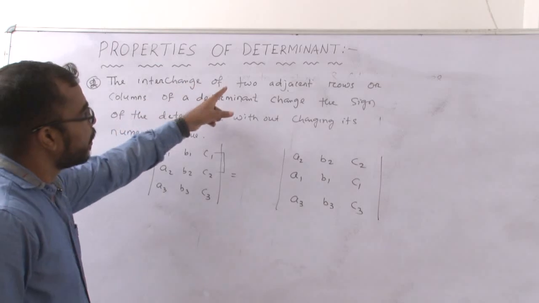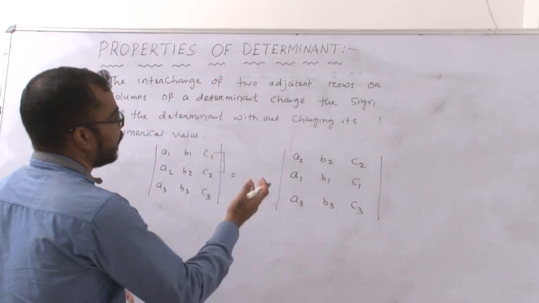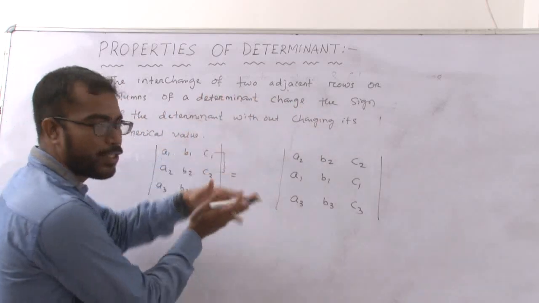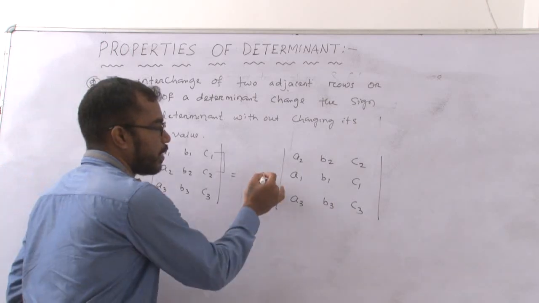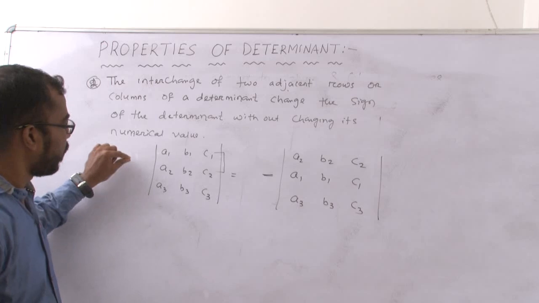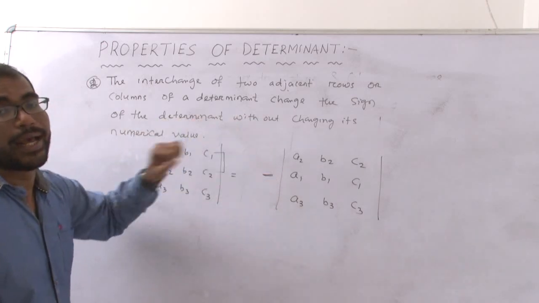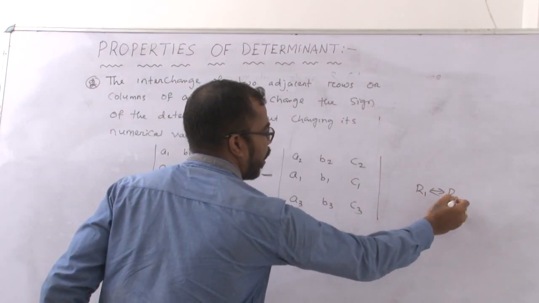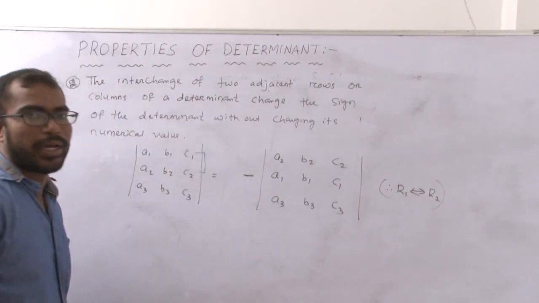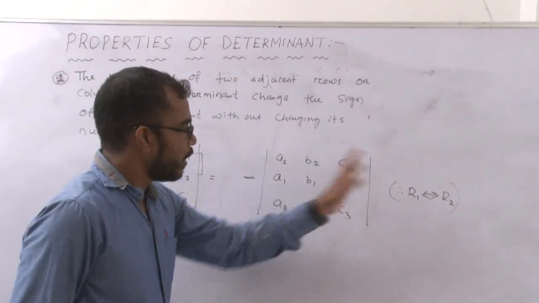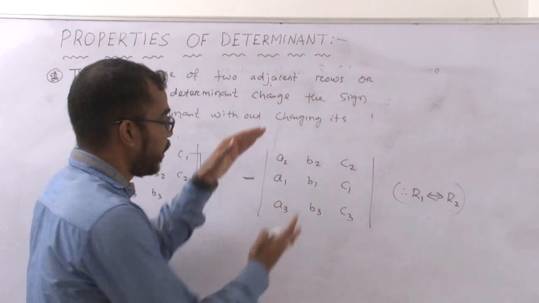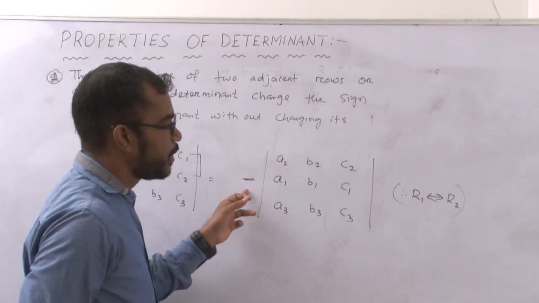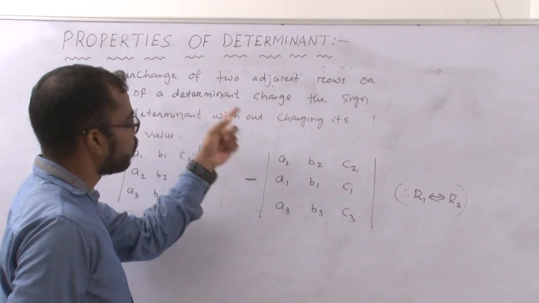If we interchange the two adjacent rows, then the sign of the determinant changes without changing its numerical value.